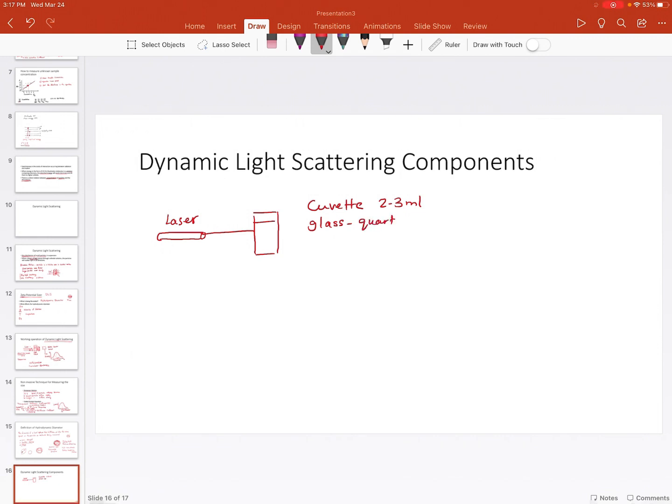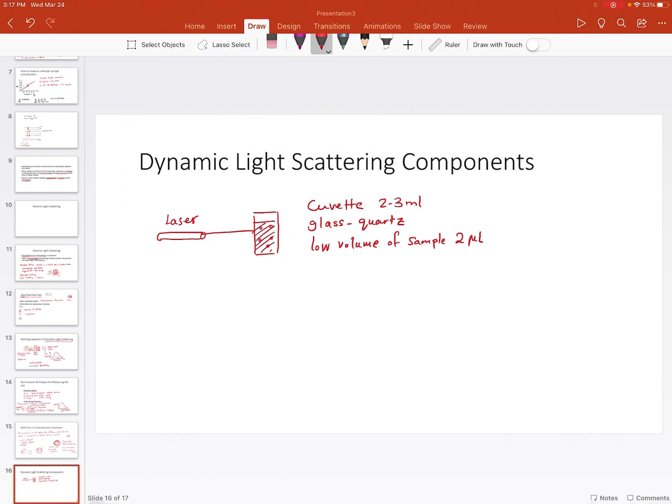As I mentioned, it could be glass, it could be a quartz cuvette, and also we have special cuvettes that will contain low volume of a sample as low as 2 microliters. 2 microliters is a very small amount of a sample, and that's when you have a small sample and you want to measure it with dynamic light scattering.